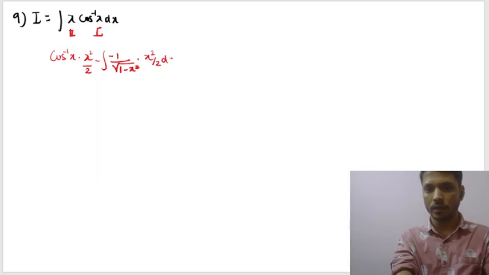All right, here into dx. So now what we can do, this term as it is, cos inverse x, and here we have x square by 2.